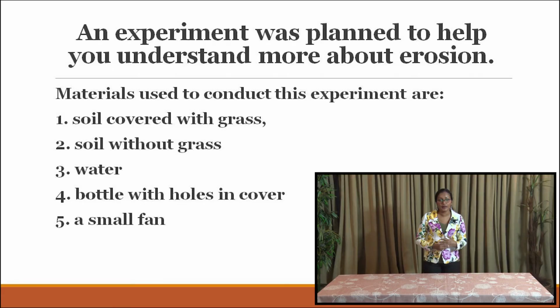An experiment was planned to help you understand more about erosion. Materials used to conduct this experiment are soil covered with grass, soil without grass, water, bottle with holes in the cover, and a small fan.